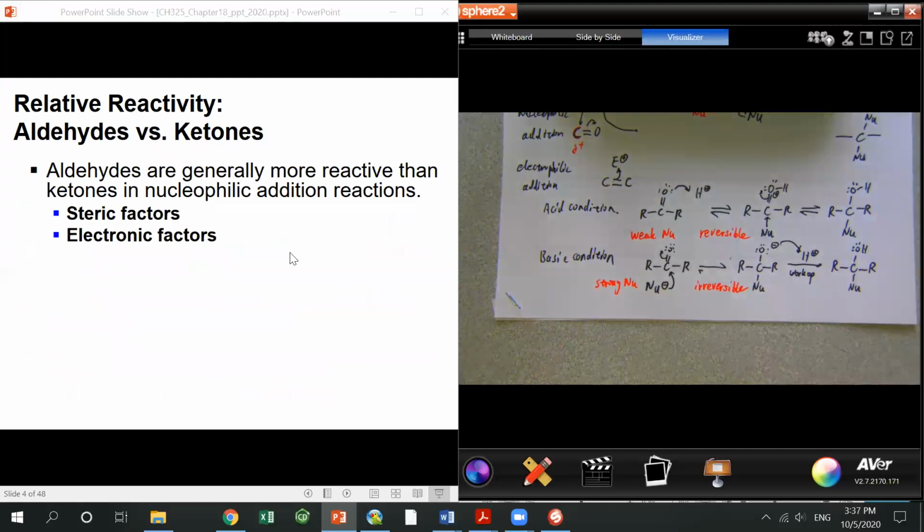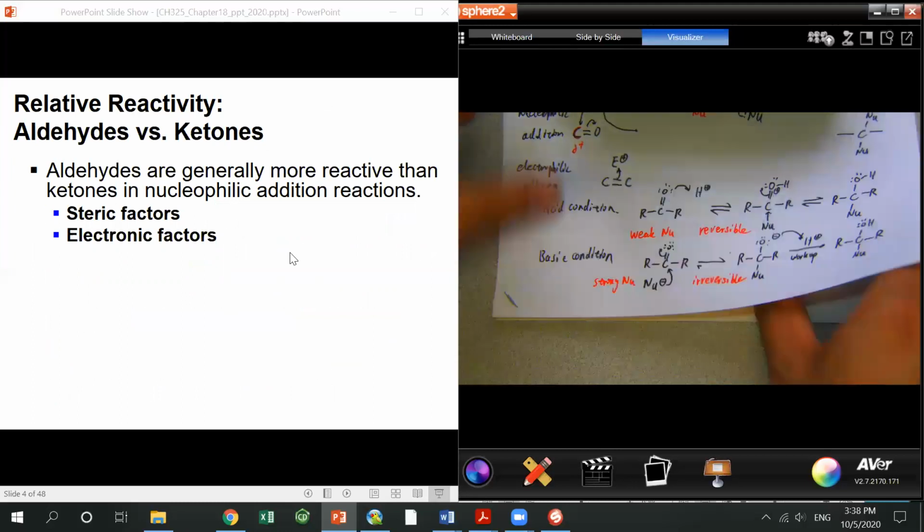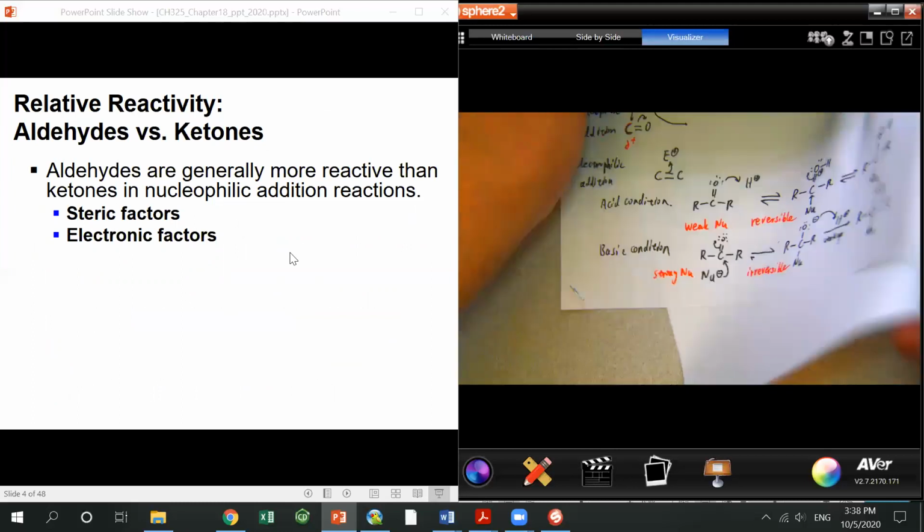All right, before we start the nucleophilic addition reaction to aldehydes and ketones, first we need to compare the reactivity of aldehydes and ketones toward nucleophilic addition.